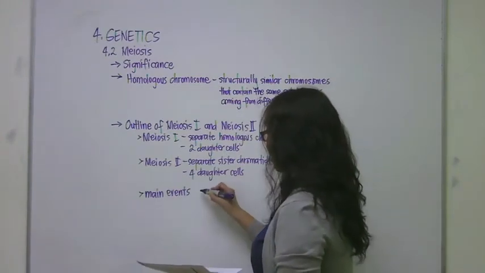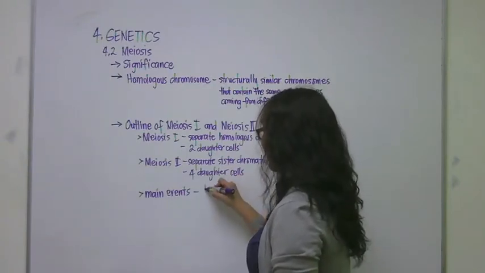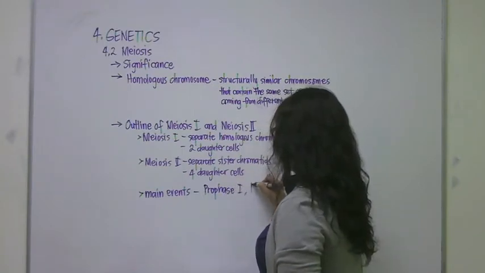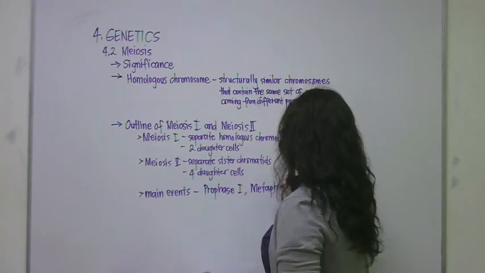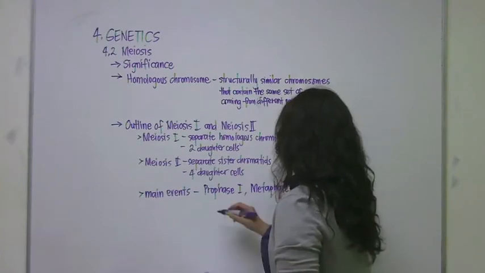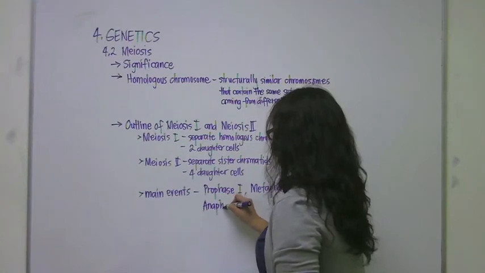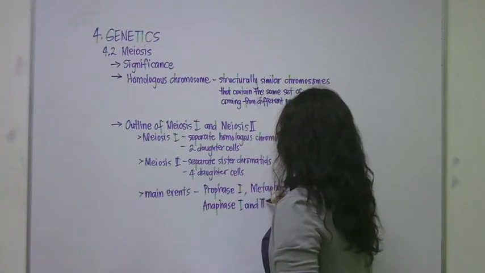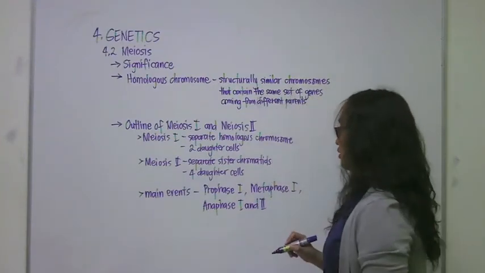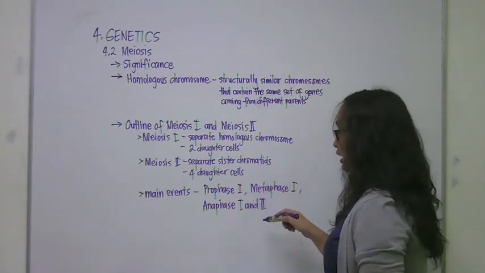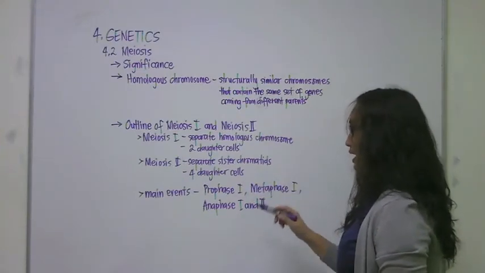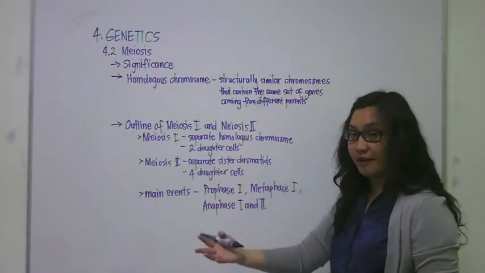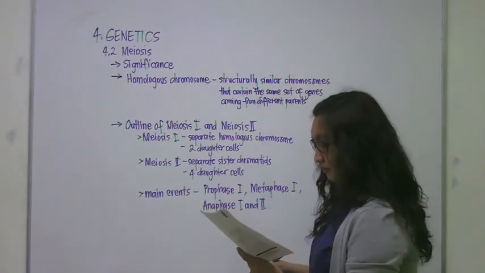Okay, so we have to indicate the main events that are happening in prophase 1, metaphase 1, and anaphase 1 and 2. These are the special stages in meiosis that need more attention, that give the chromosomes more variation.